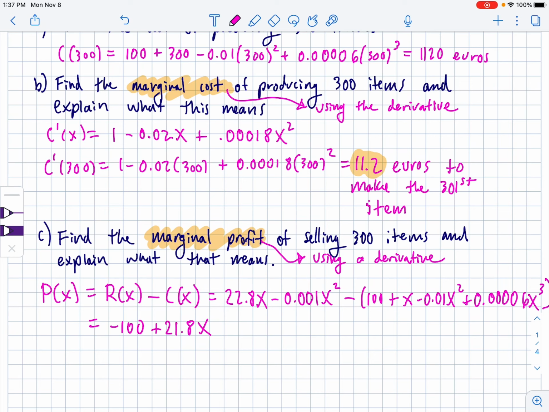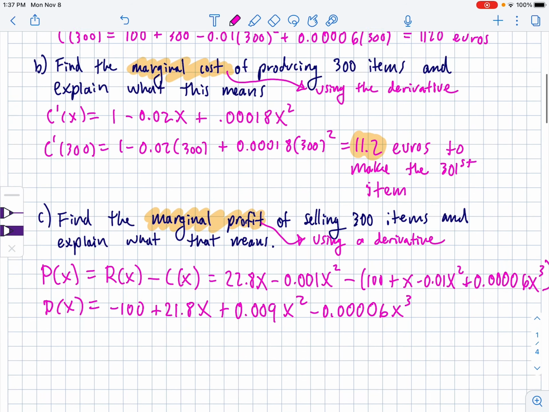So we do 0.01 minus 0.001 to get plus 0.009x squared. Those like terms are gone, and then we're just left with a negative 0.00006x cubed. So this is the profit equation.